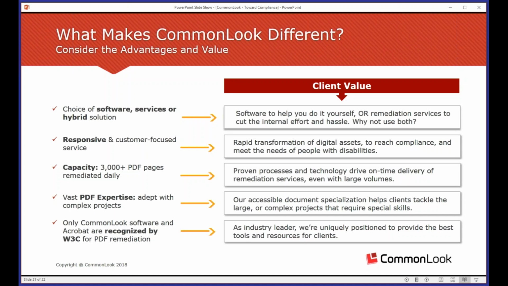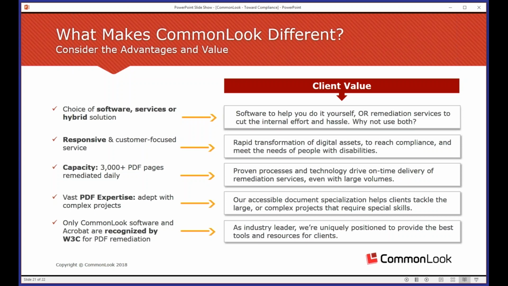If you want to fix your own documents, our software solutions will help you do this with unmatched speed, efficiency, and accuracy. In fact, the W3C recommends our CommonLook software products not only for creating accessible PDFs from Microsoft Word and PowerPoint, but also for remediating PDFs no matter what the source.